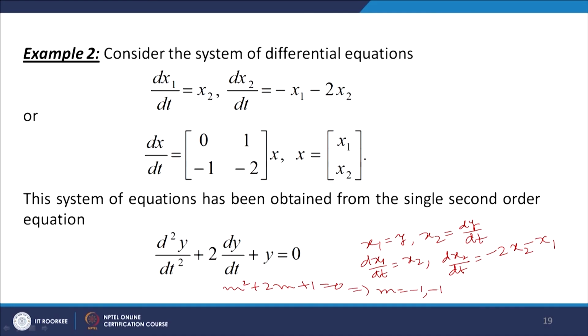So, two values of m are the same, and therefore, the general solution of this second order differential equation will be y t equal to c1 plus c2 t into e raised to the power minus t. So, we can take two solutions of this second order differential equation as y1 t equal to e to the power minus t and y2 t is equal to t into e raised to the power minus t.